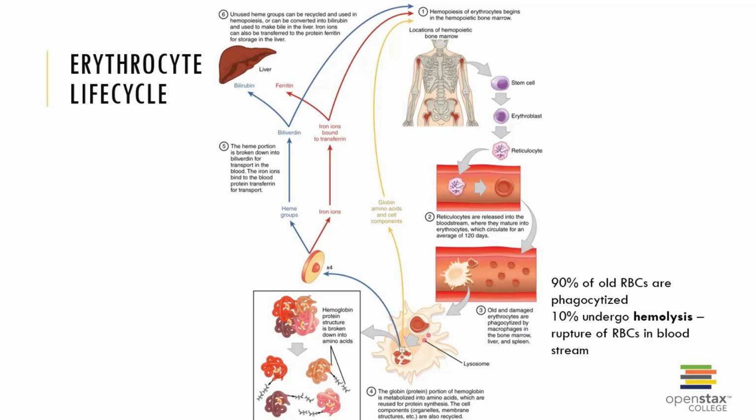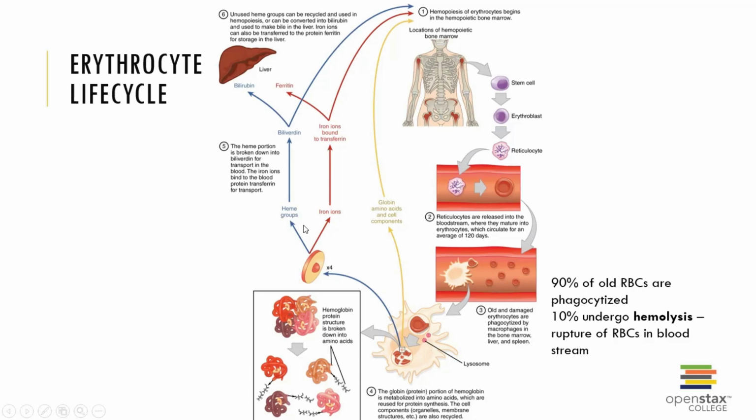So once something is phagocytized, the plasma membrane of the red blood cell ruptures, and that releases the hemoglobin, which you can see down here. And then the hemoglobin molecules are broken down into globin, right? Which is part of that polypeptide chain I mentioned, and they're further broken down into amino acids, and into iron.